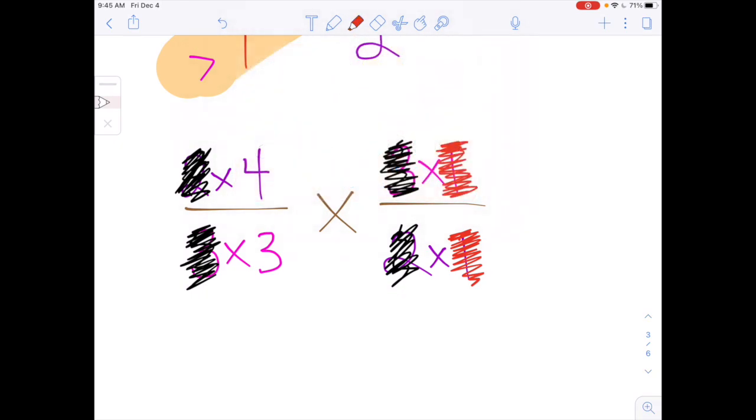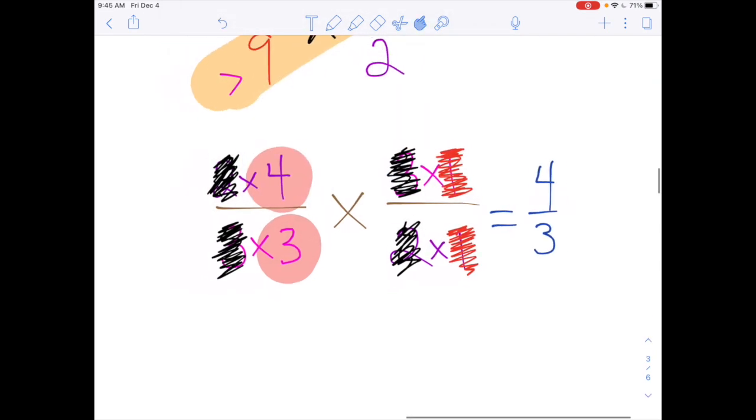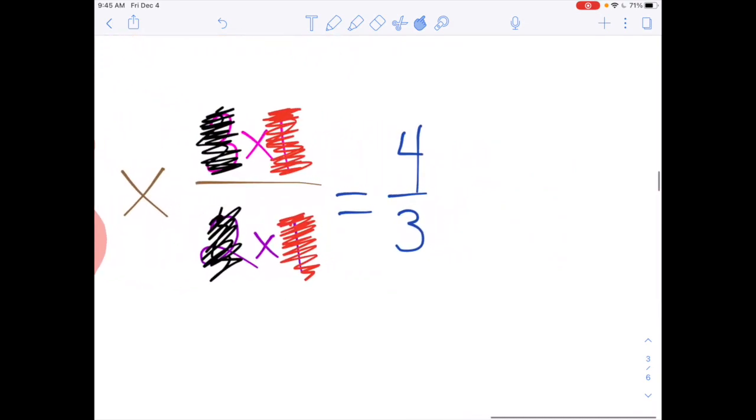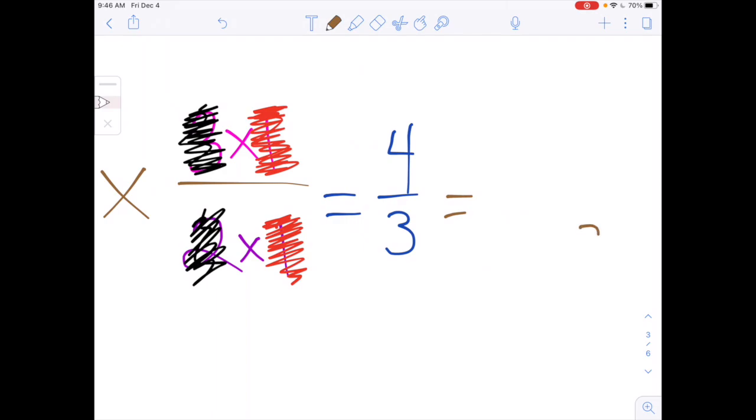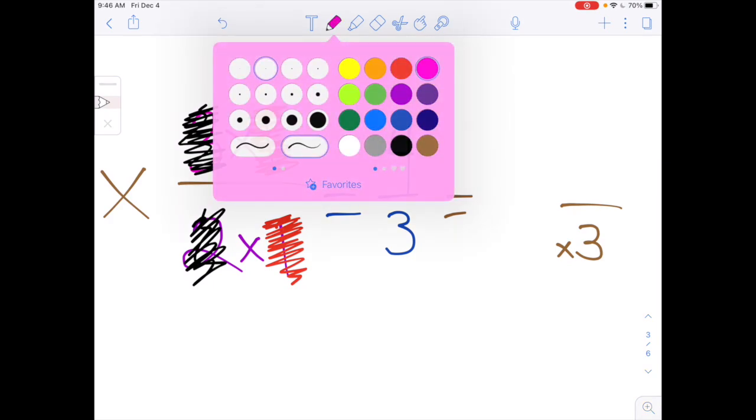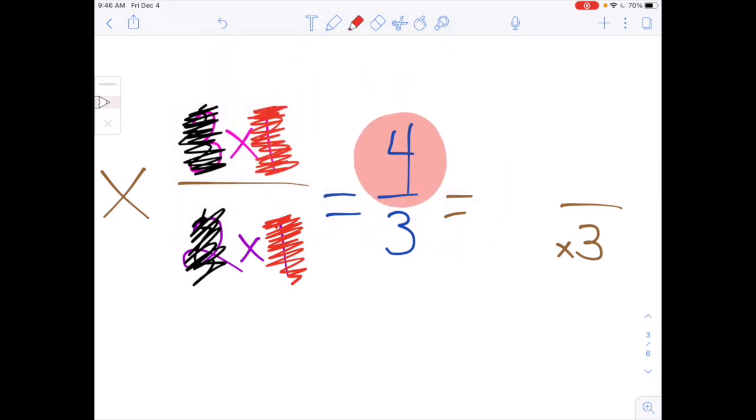Grab a different color. There's a 4 on the top and a 3 on the bottom. That means this is 4/3. And we know that we can rewrite that as a mixed number by keeping the denominator the same and writing the times for mad. So 3 times something gets me close to this number 4. Remember, I'm trying to make 4.